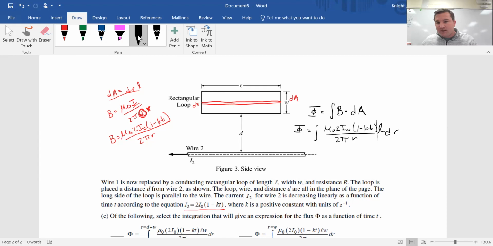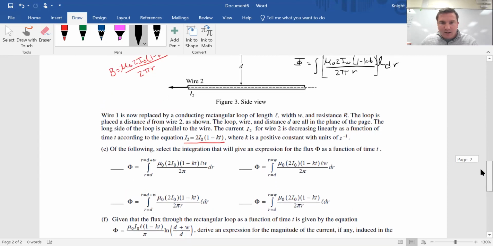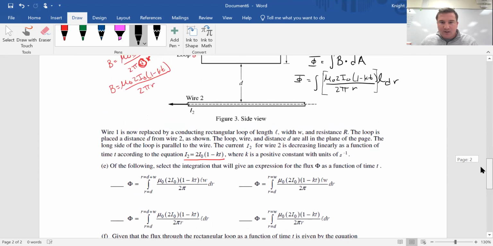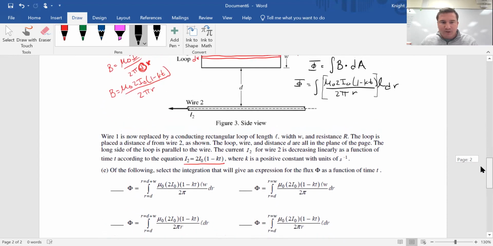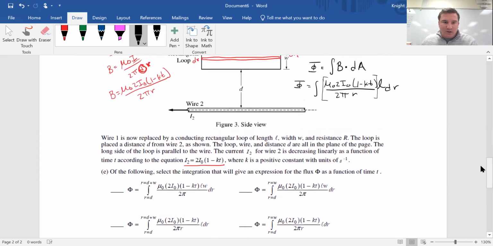So this section was magnetic field. This section is area. And then I think we have the correct expression pretty much. We just have to determine our bounds. So if we look at this, mu naught 2 I (1 minus KT) L W, we didn't have a W in there. Mu naught 2 I, we didn't have LW.